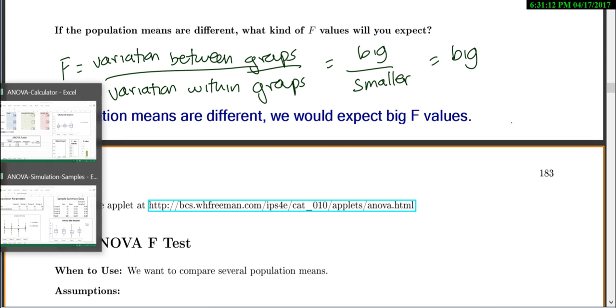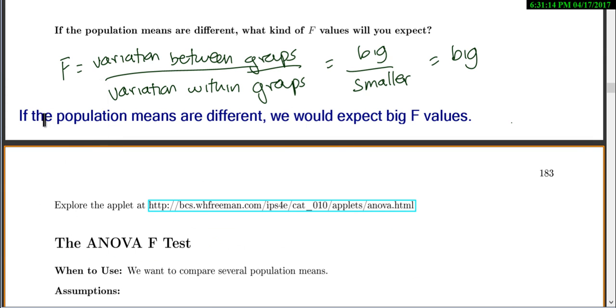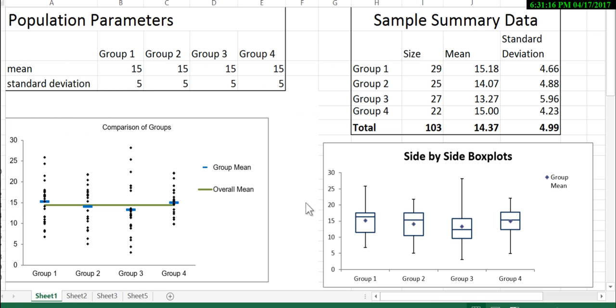So what we're going to do is look at a couple Excel simulations here. The one listed doesn't work anymore, so these are ones that I made. This is just to show you what could happen. You'll notice up here I have population parameters, so I can set what's going on with the actual population. Notice here I have 4 groups, and each one has the exact same mean of 15 and same standard deviation of 5.